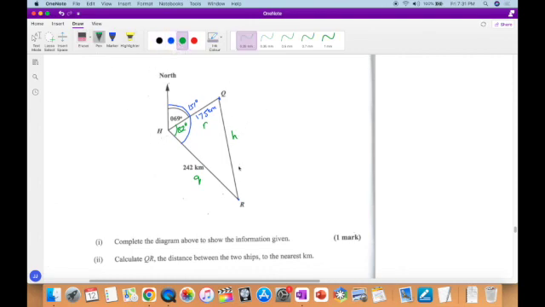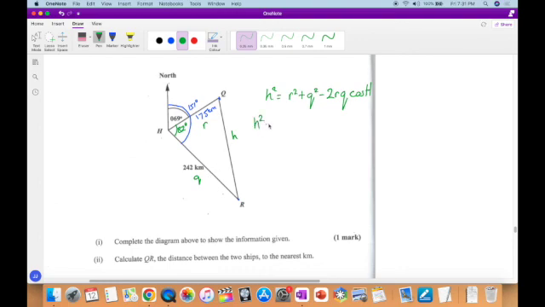So we now want to find h squared is equal to r squared plus q squared minus 2rq times the cosine of h, which is the angle that we have there.